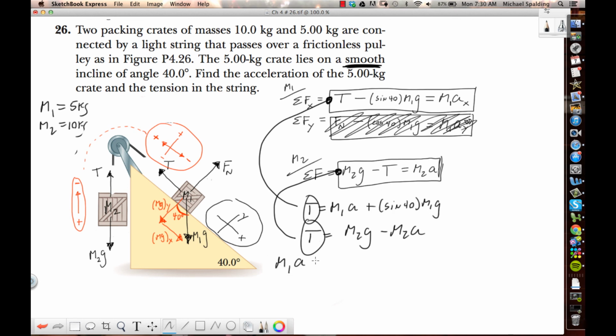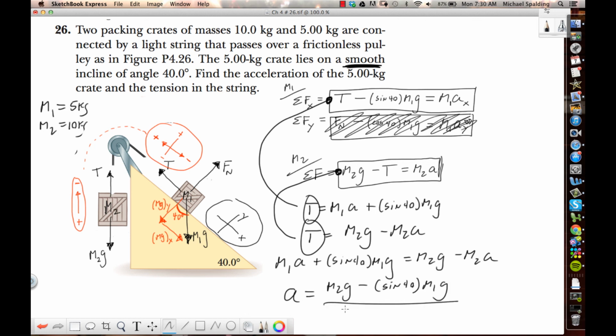So now we got M1A plus sine 40 M1G equals M2G minus M2A. And then you can solve this for A. The only thing missing is A. So let's see, I'll do this in one step. So this is going to be M2G minus sine 40 M1G all over M1 plus M2. Then you punch the numbers in, and you'll get 4.4. The acceleration is 4.4 meter per second squared.